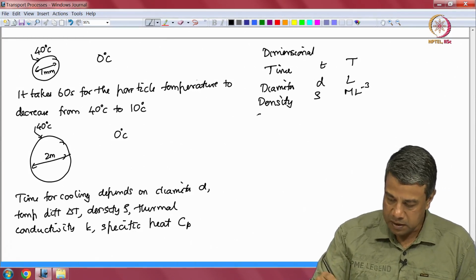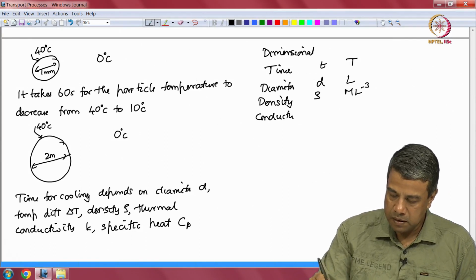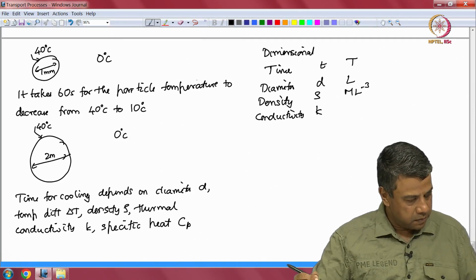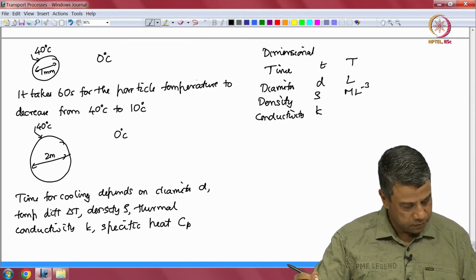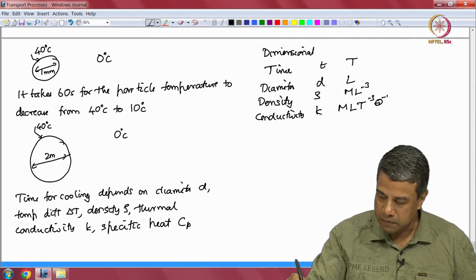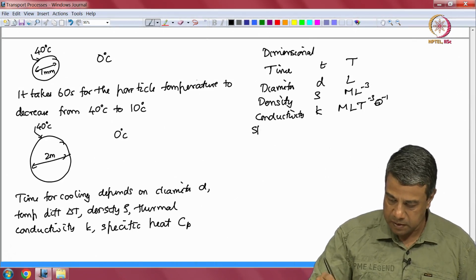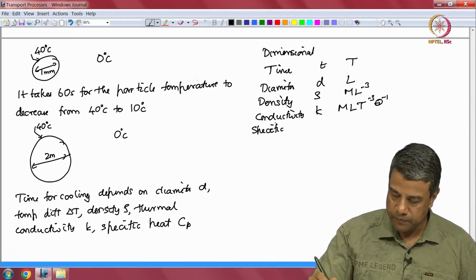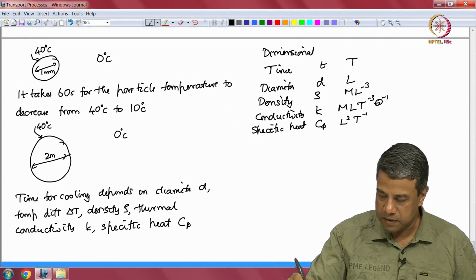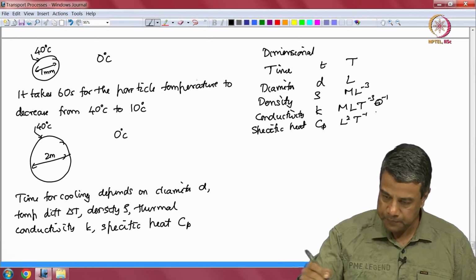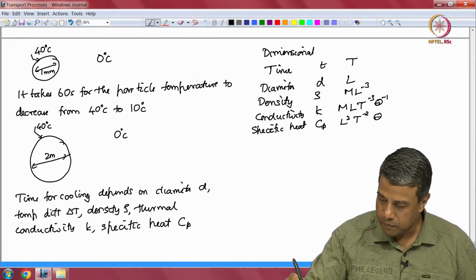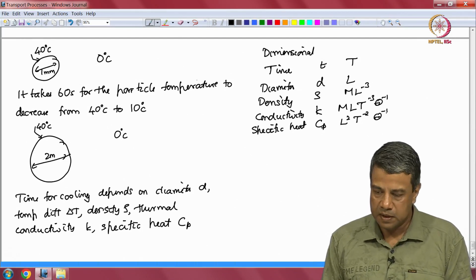Okay. Conductivity K with dimension m L T power minus 3 theta inverse, okay, and specific heat with dimension L square T power minus 2 theta inverse. Okay. So, these are the quantities.